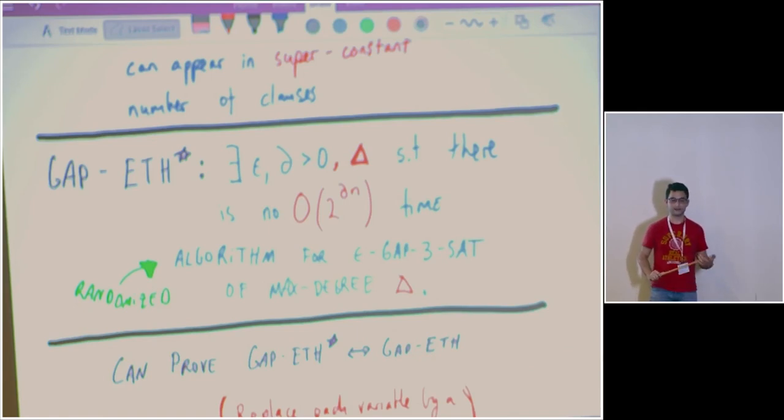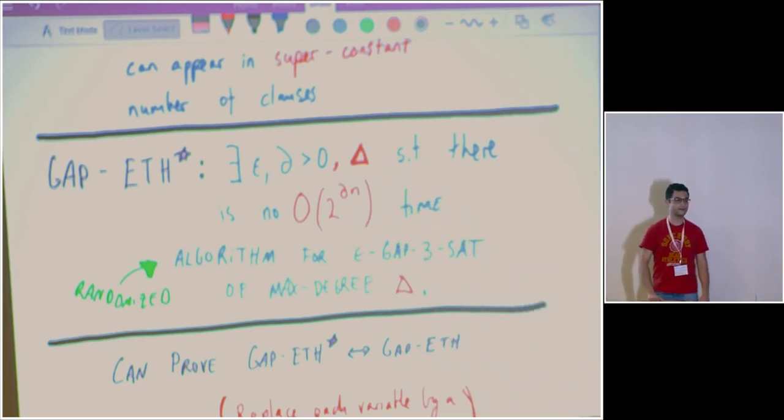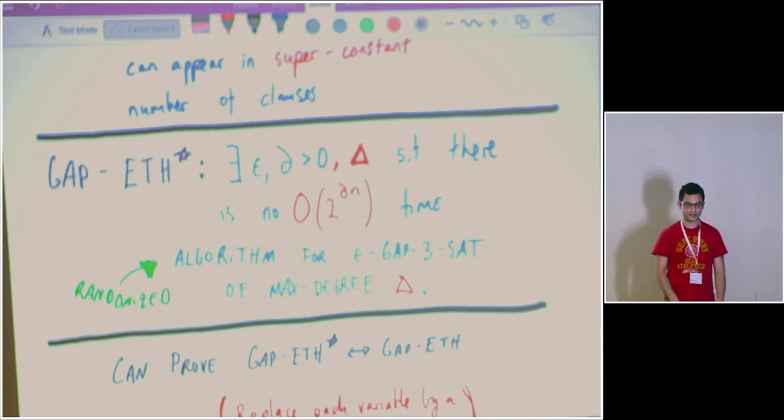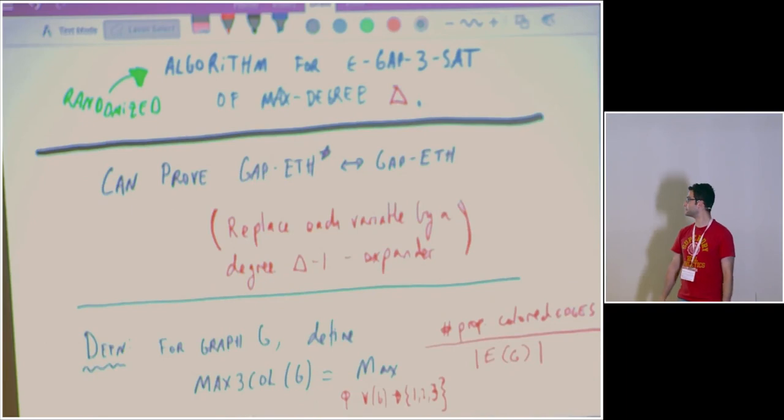And you can prove that this gap ETH star is actually equivalent to gap ETH. I'm not going to do this, but the trick is nothing but replacing every variable by a sufficient expander. Okay, so that's all I'm going to say about that. If you didn't understand that, then just believe me, it's a minor annoyance. Okay.